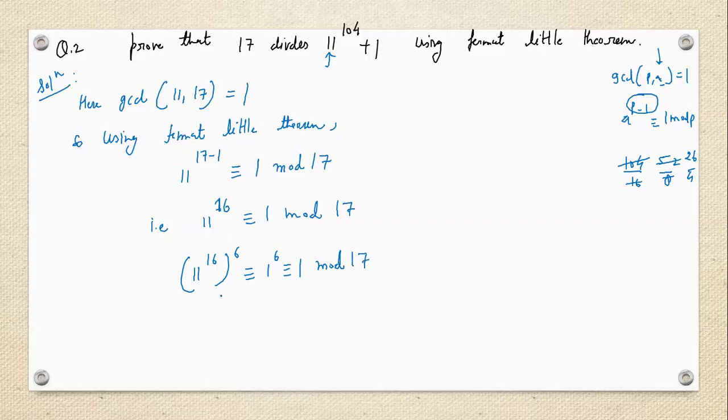So it will be 11 to the power 96 is congruent to 1 mod 17. And now we have to check how much power we require to reach 104. If I subtract 104 minus 96, I require 8 more power.